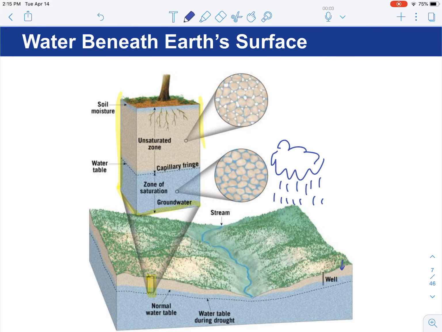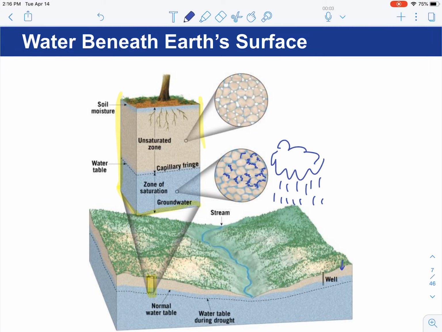And what you're looking at is the zone of saturation, where sediment is going to fill with water. So the water's occupying the space between those sediment grains. And this space is called pore space. And I have a separate video where I do a little lab demo with pore space. So anyway, that space is filled with water.